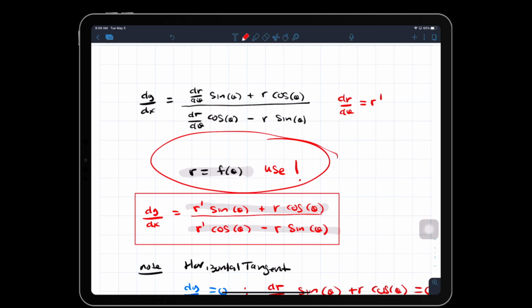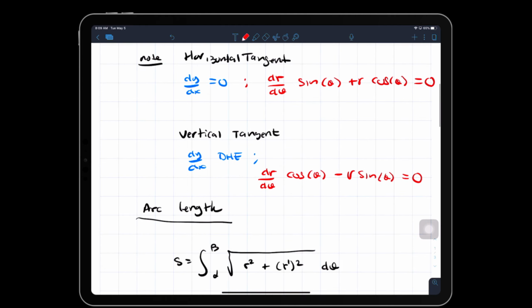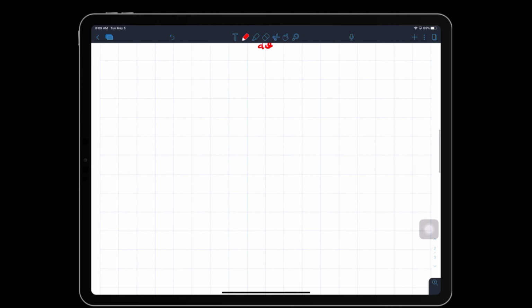So now it's, again, application time. We get to look at some examples here. First kind of example, we're going to do a classic: you're going to find dy/dx at a particular point. So I'm looking at your book here. Let's take a look.